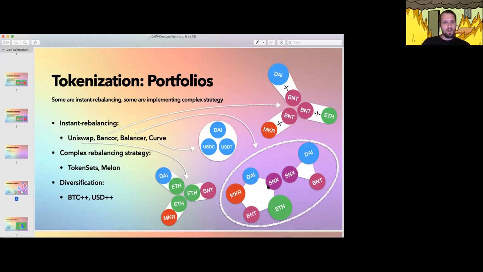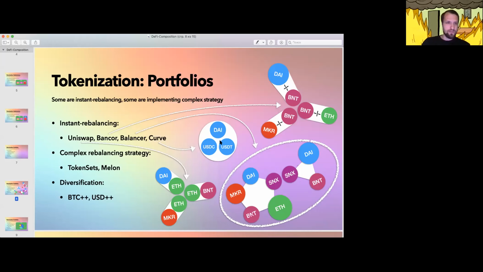So Balancer is like a multi-token Uniswap with different proportions. Bancor is similar to Uniswap but appeared earlier, and they have different formulas to have different proportions. And they even started to have multiple tokens in a single pool.